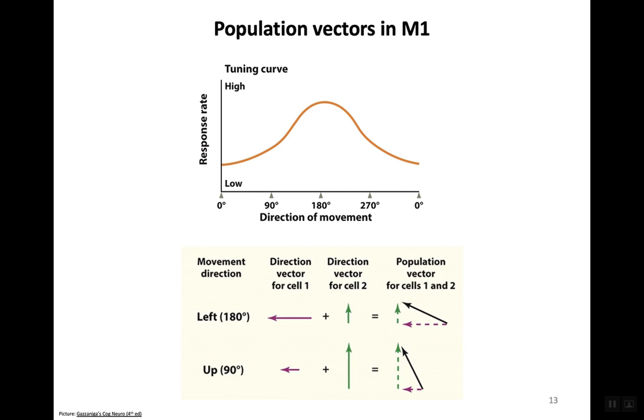So what we conclude is that a neuron is not responsible just for a single direction, but rather for an entire range of directions, and there is a specific relationship that codes the contiguity of these directions in terms of related firing rates.